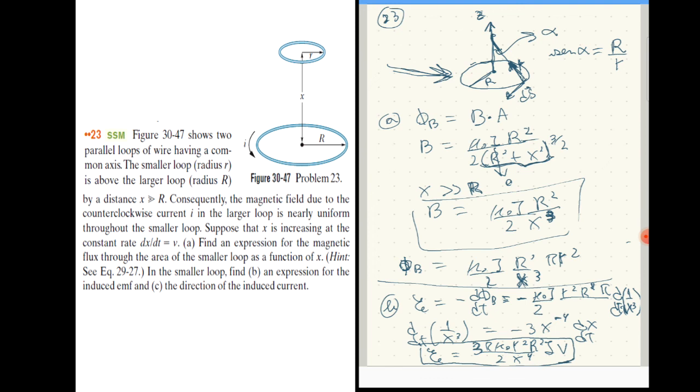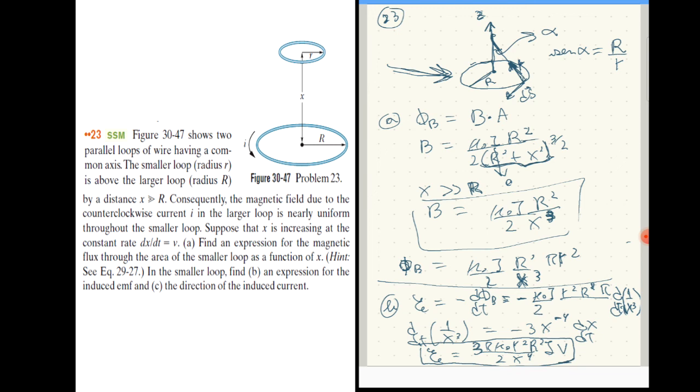So the magnetic flux is decreasing. The current produced in the little coil, which is getting away from the bigger coil, is the one that will produce a magnetic flux that will try to maintain the total magnetic flux constant.